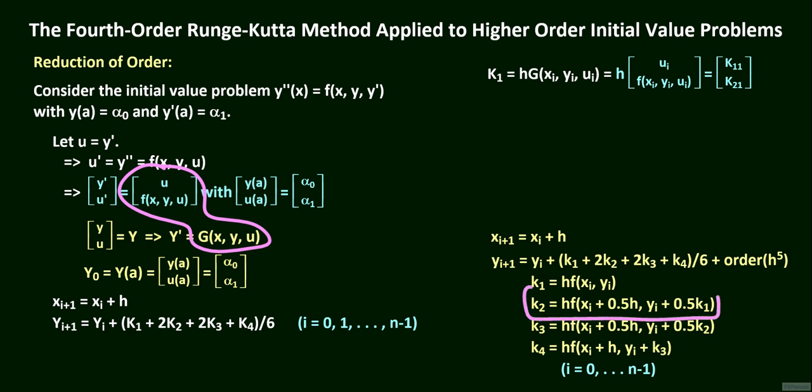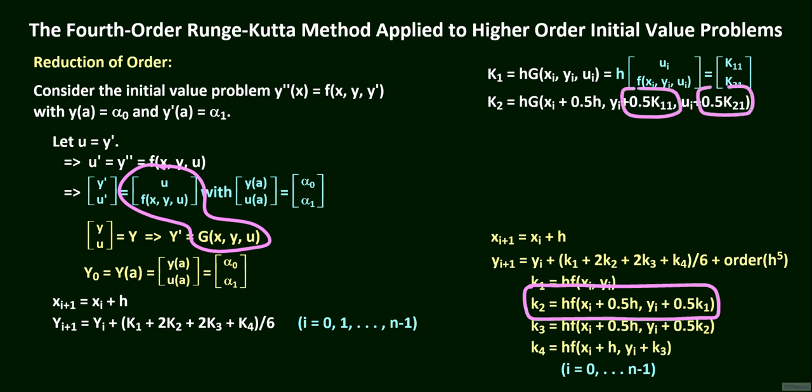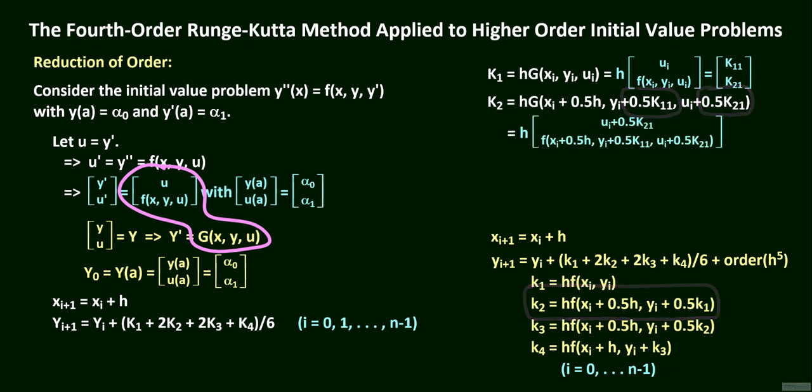Adapting lowercase k sub 2 to uppercase K sub 2, uppercase K sub 2 is h times g applied to x sub i plus 0.5h, y sub i plus 0.5 k sub 1,1, and u sub i plus 0.5 k sub 2,1. Observe that we are applying to y sub i and u sub i their respective increments from K sub 1. K sub 2 should equal this vector quantity. Let the components of K sub 2 be k sub 1,2 and k sub 2,2.